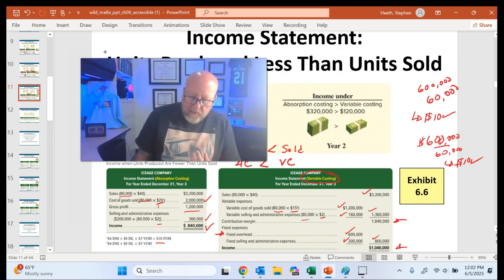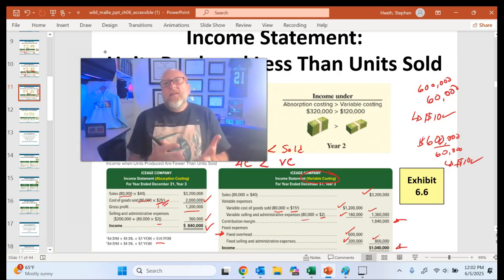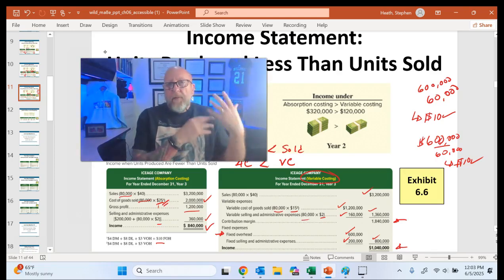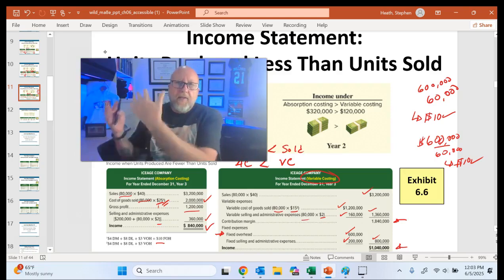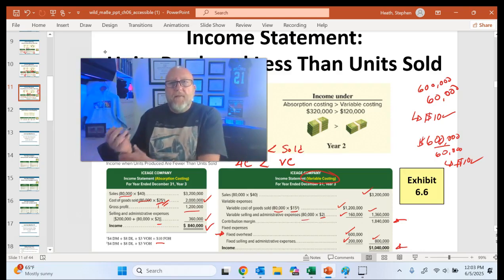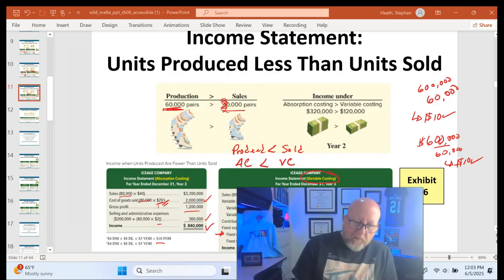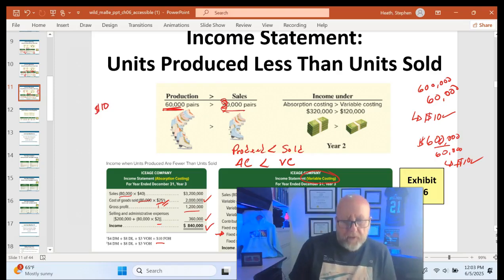And the reason is because the fixed expenses that were in finished goods from the previous period are going to be recognized this period as expenses, right? Because remember, I'll just write it up here. We were saying last period, our fixed costs for manufacturing were $10 per unit. We had 20,000 units in finished goods, which means we had $200,000 of fixed overhead that was not included in income.